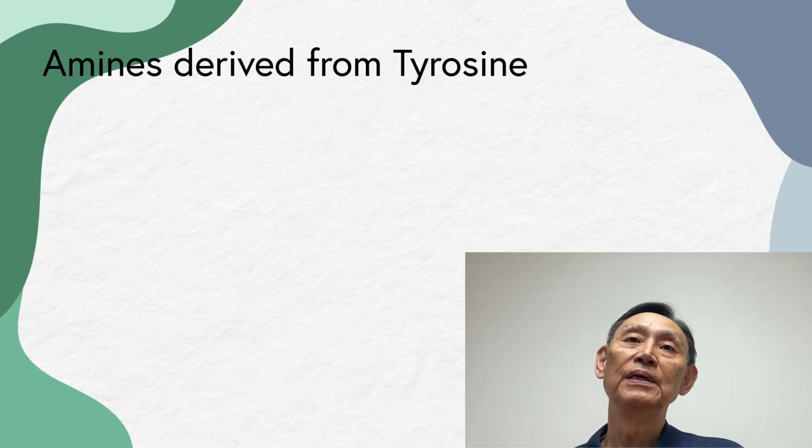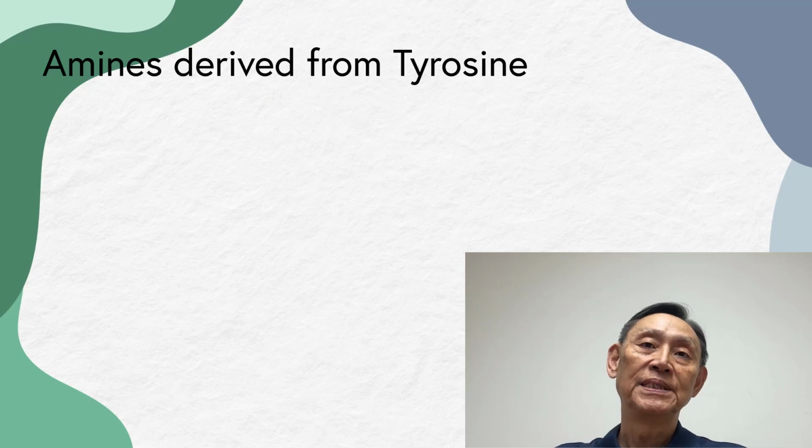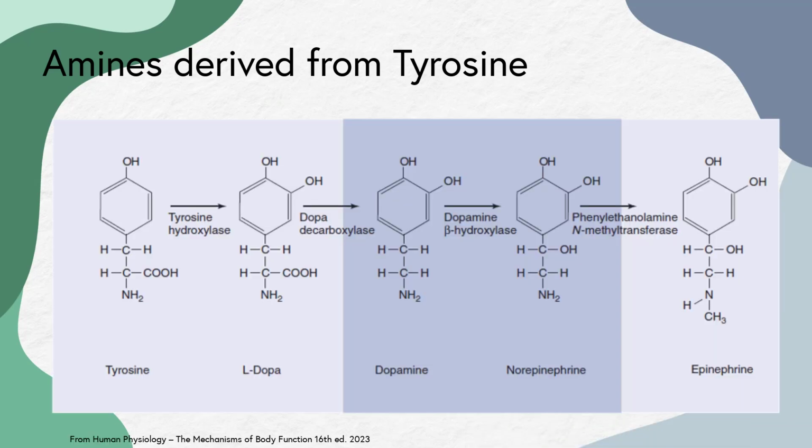So just to give you a brief introduction to how biogenic amines are formed. They all start with tyrosine. The first step is hydroxylation by tyrosine hydroxylase, the rate-limiting enzyme. Then you have dihydroxyphenylalanine, called DOPA. Then DOPA is decarboxylated.